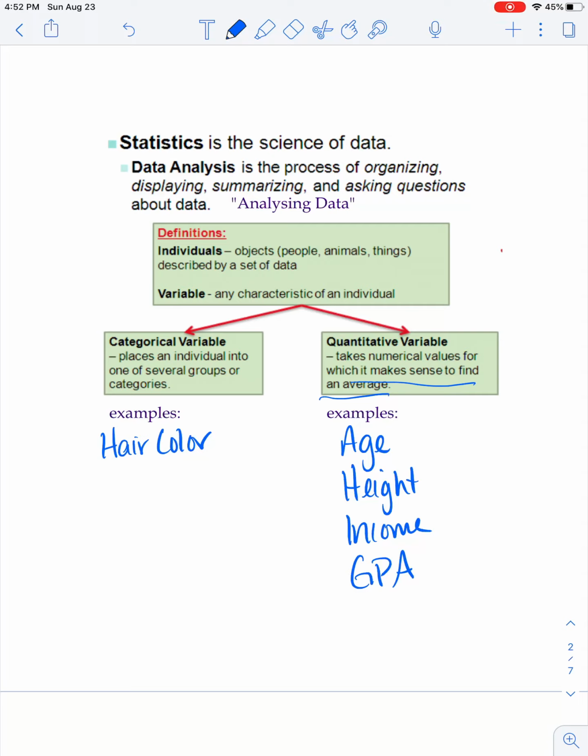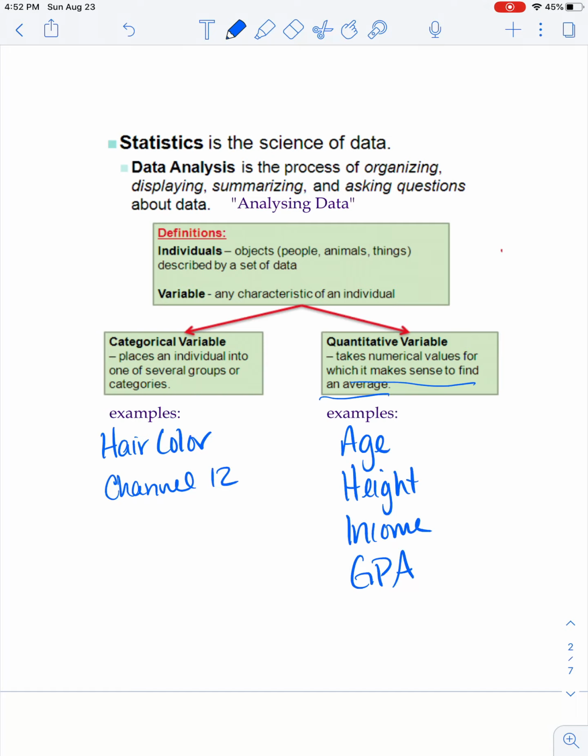So where it makes sense to find an average really helps you distinguish between what's quantitative and what's categorical. If I said, hey, what TV station are you watching the most? And you said channel 12. And someone else said, well, I watch channel 22 or whatever. If I took all that information, even though those are numerical answers, would it make sense for you to find the average channel number that someone's watching?